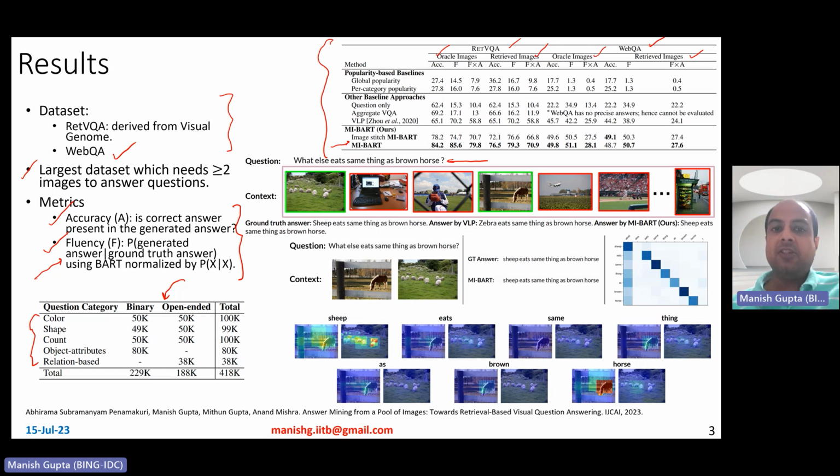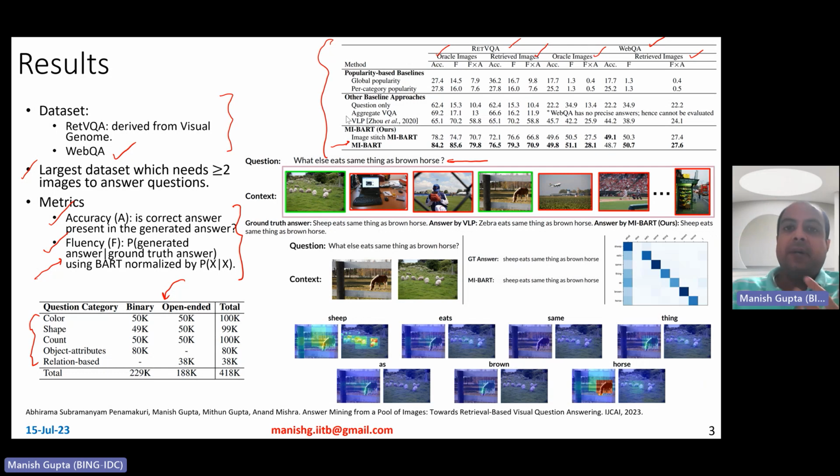It is also better than other baseline approaches, which look at the question only, or image only, or an aggregate VQA baseline, where we pass the retrieved images one by one and check what is the overall aggregate answer that the model predicts.